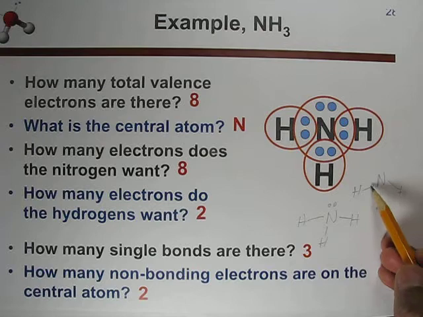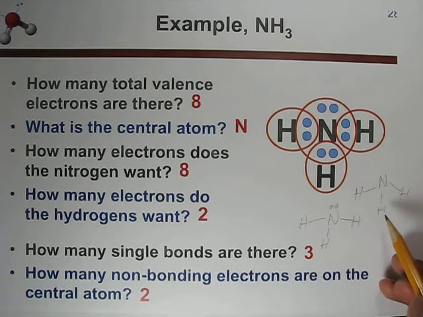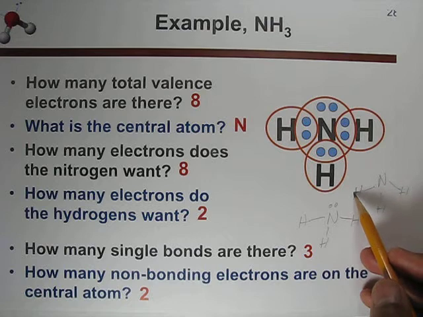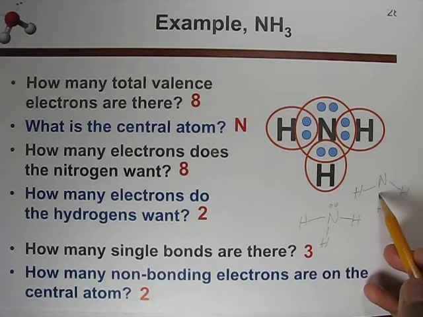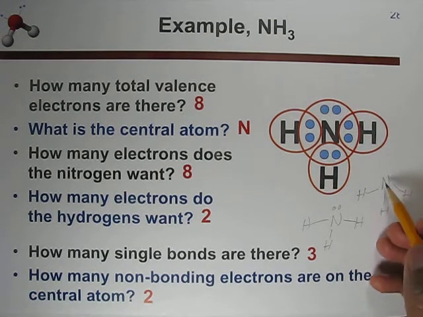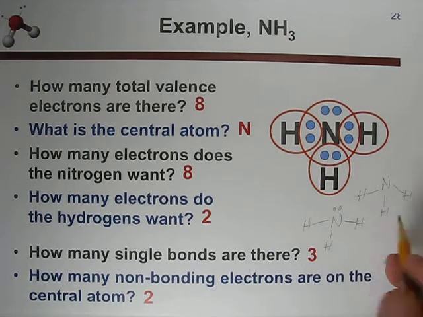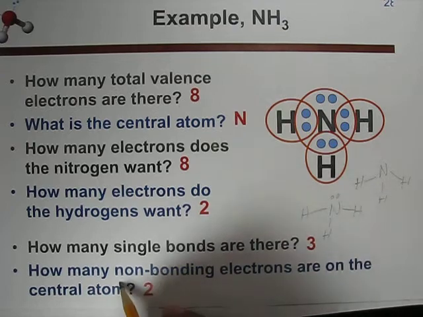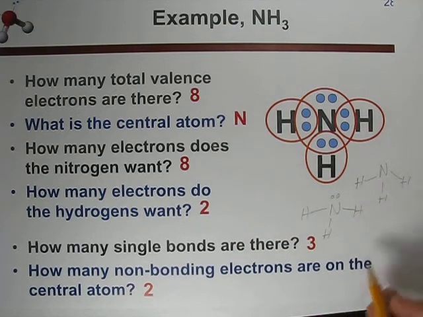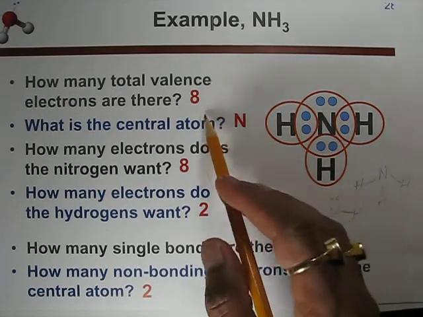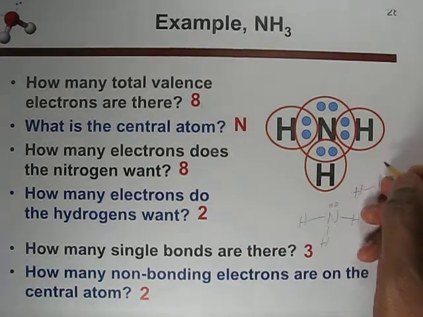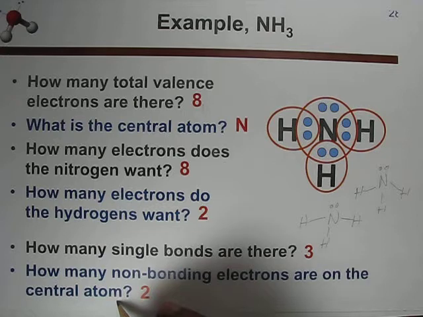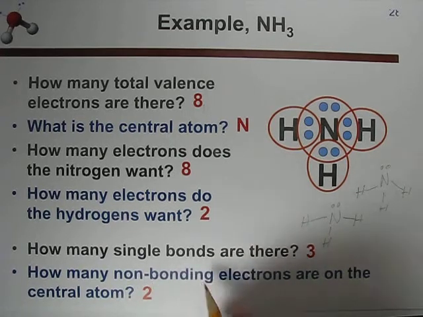It means 1, 2, 3, 4, 5, 6, so 6 electrons have been used, and each hydrogen has 2 electrons, and the nitrogen has a total of 6 electrons right now. How many single bonds are there? 3 single bonds. How many non-bonding electrons are there? Because 6 electrons have been used and there are still 2 electrons, they will go on the nitrogen and will be considered non-bonding electrons.